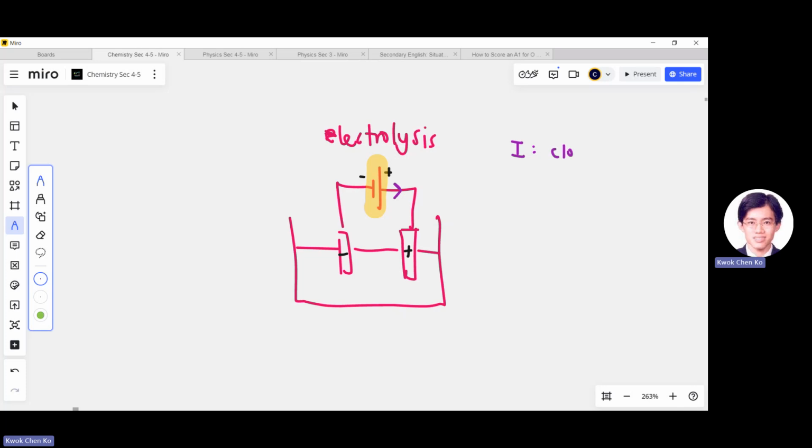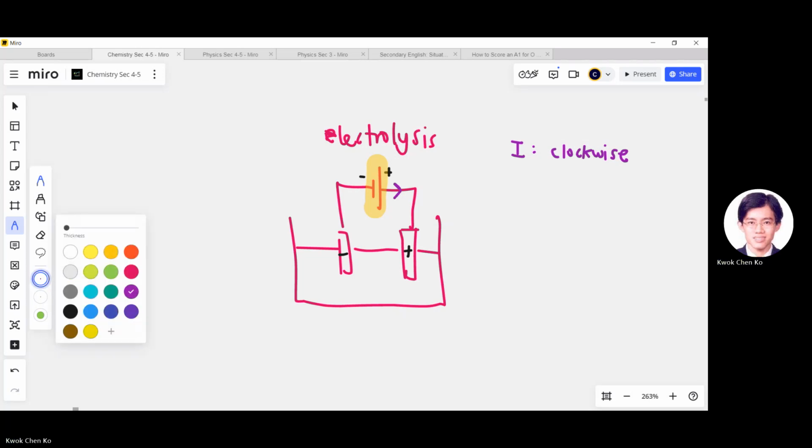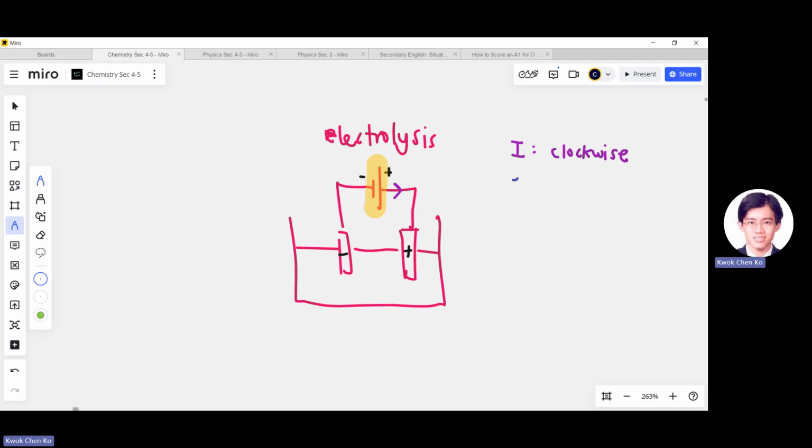So current is clockwise. But for electricity, bear in mind, electrons will always flow in the opposite direction to current. So electrons will be in the opposite direction.